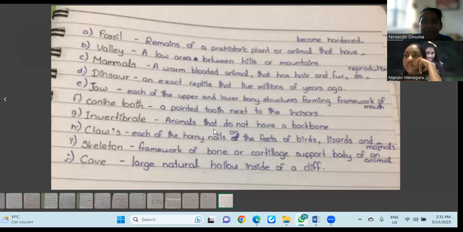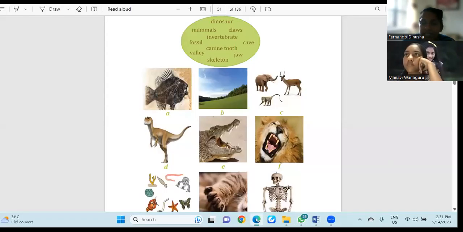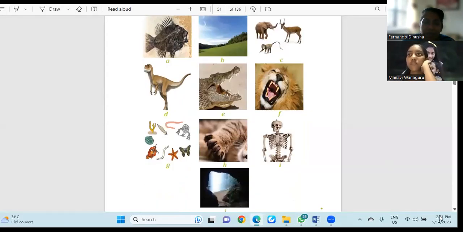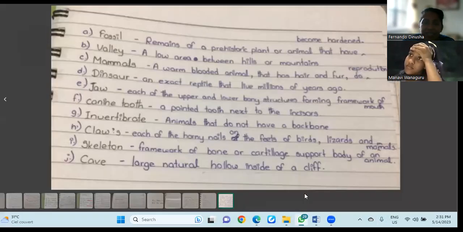Invertebrate: animals that do not have a backbone. That's visible very nicely. We have seen that these sorts of animals have no bones at all. Then claws: each of the horny nails on the feet of birds, lizards, and mammals.